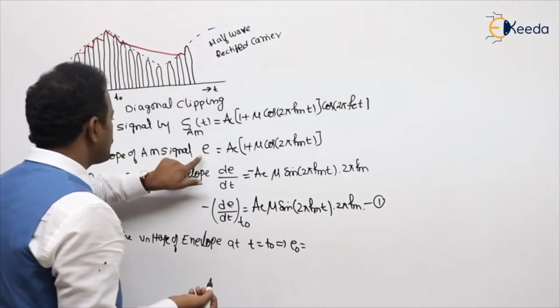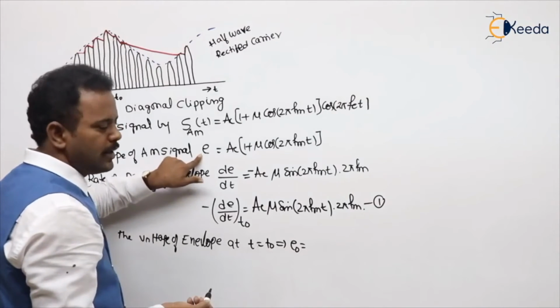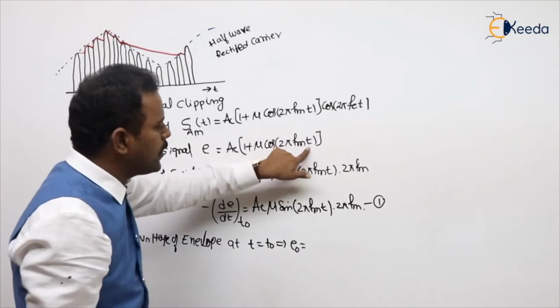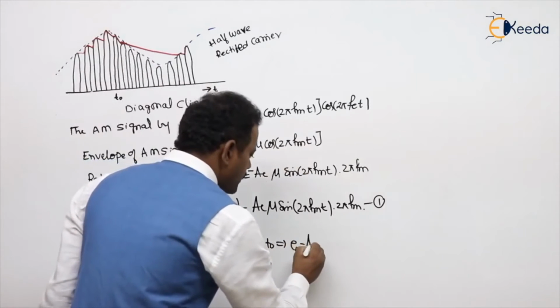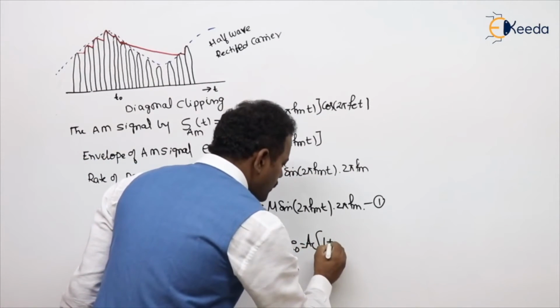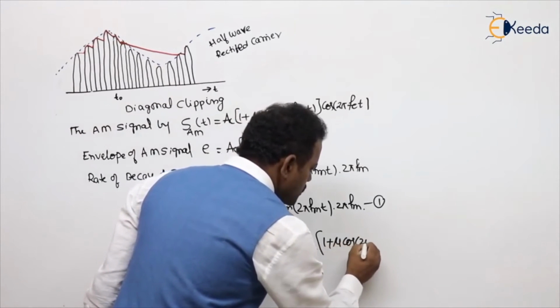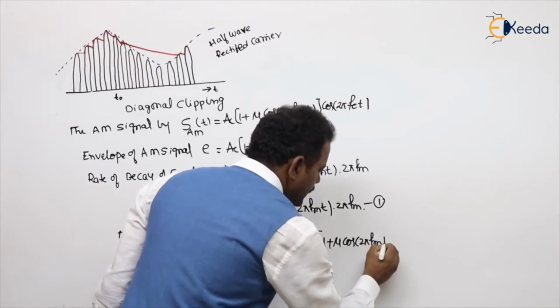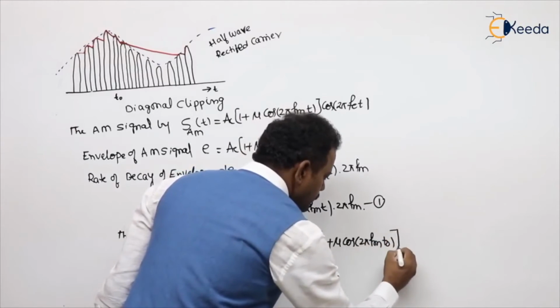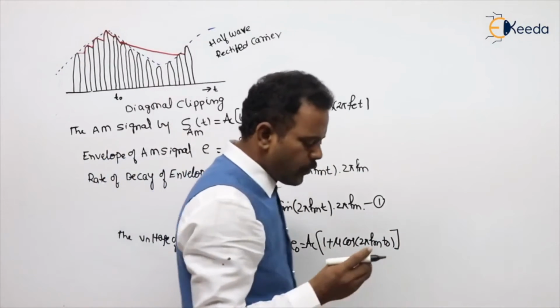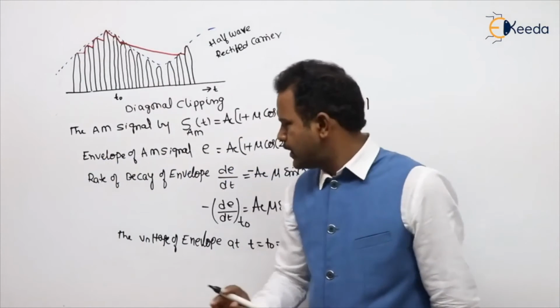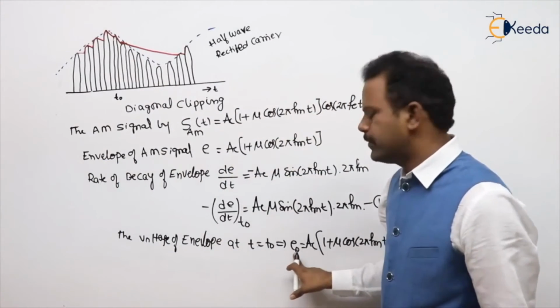This is the voltage of the envelope of the AM signal. Now replace t by t naught: AC into 1 plus mu into cos 2 pi FM t naught. So now the voltage in the capacitor is E naught.